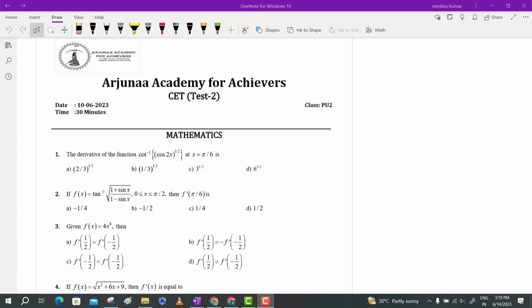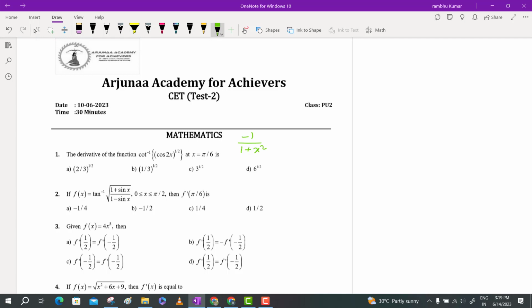Okay, so let's start. The first question we have is from derivatives, and that is also from the derivative of cot inverse. All of you know the derivative of cot inverse x, which is nothing but minus 1 by 1 plus x square, correct?